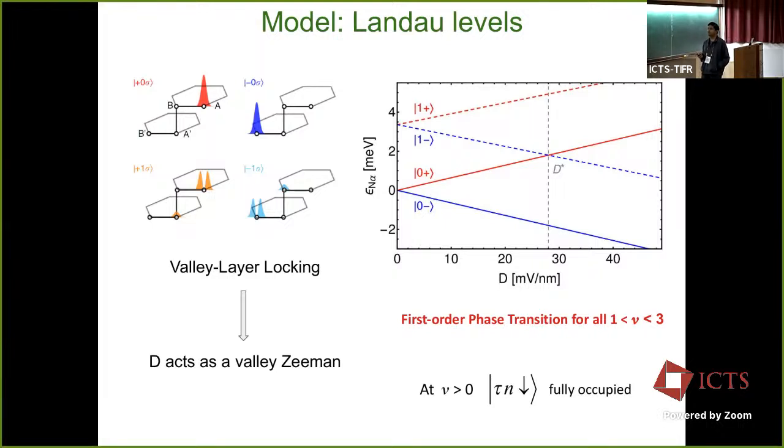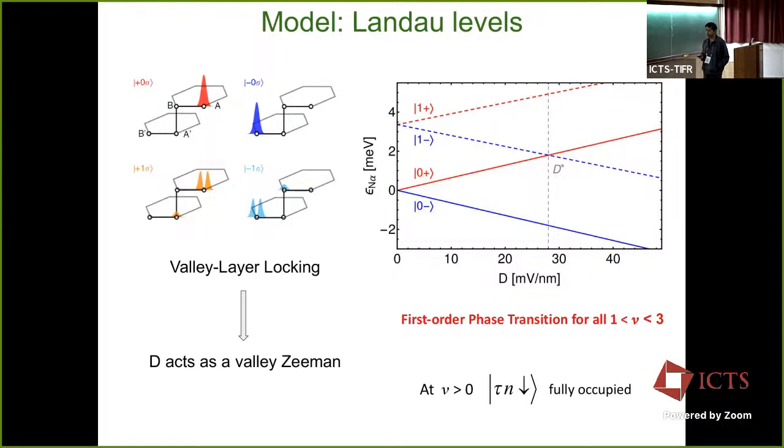So at zero D, of course, the plus and the minus are degenerate. There is perfect inversion symmetry. Applying a finite D increases the energy of the states localized on one layer, decreases it for the other layer, but this leads to a crossing between Landau levels of opposite spin, opposite orbital and valley indices.